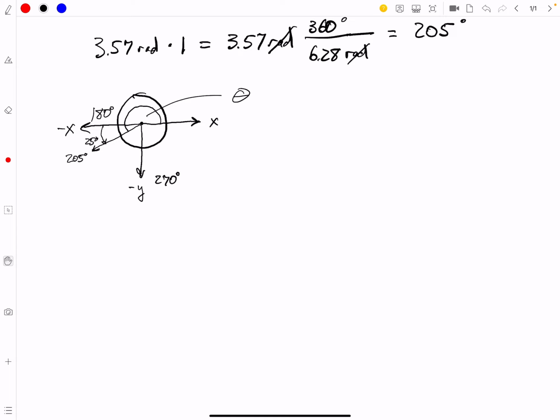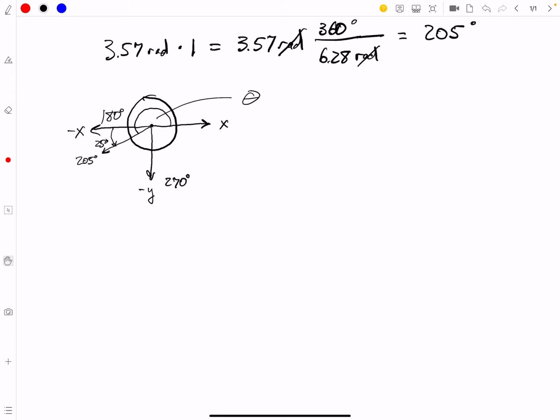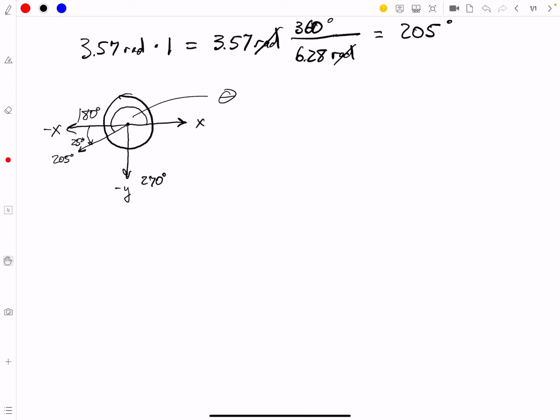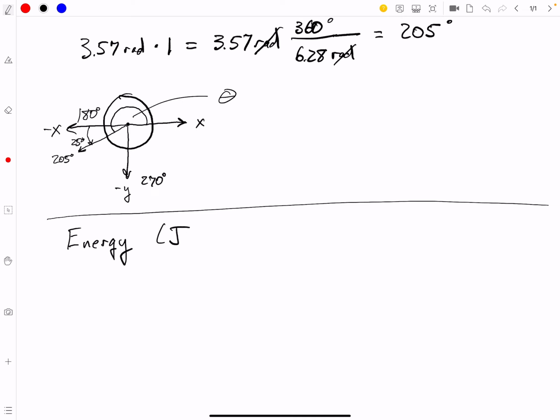So, I'm moving quickly through this review, and we're going to now talk about energy. Energy is in joules, so that's the unit.